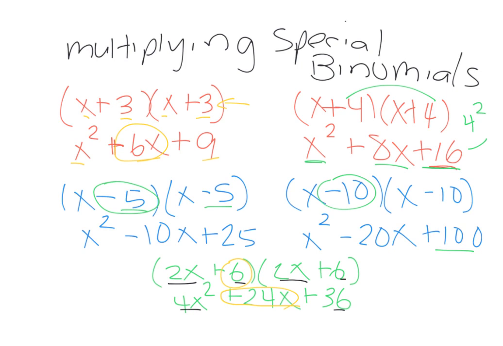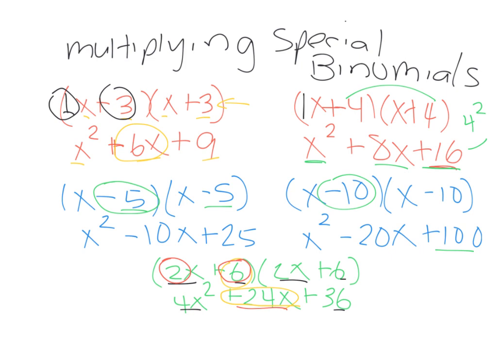Well, if you look a little closer, 6 times 2 is 12. 12 doubled is 24. Does that work up at the top? Let's go ahead and take a look at the x plus 3. What is the number in front of this x that we don't see? It's a 1. 3 times 1 is 3, doubled is 6.